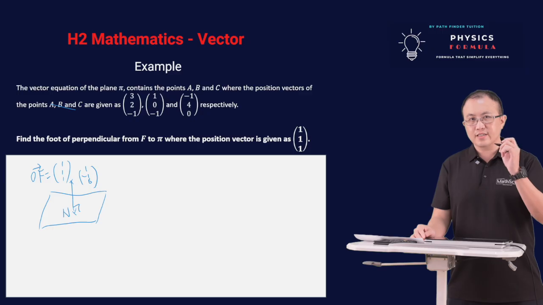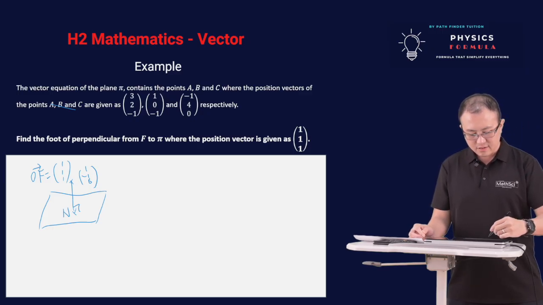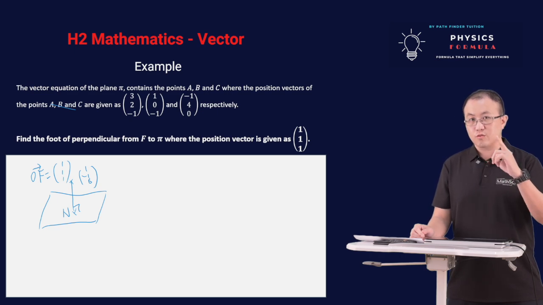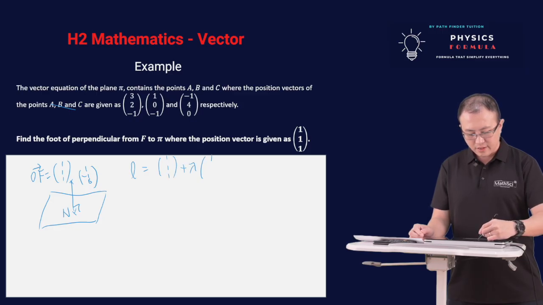So let's try to find the equation of the line that passes through F and N now. So the line will be, you're going to use the directional vector as 1, minus 1, 6. So the equation of line, let's call it L, would be 1, 1, 1 plus lambda of 1, minus 1, 6.